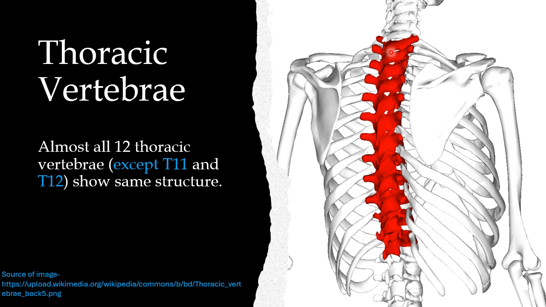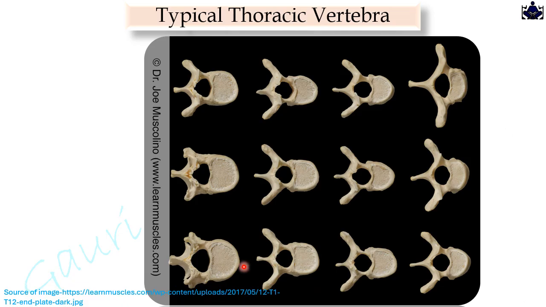So, let's study a typical thoracic vertebra. Here we can observe all 12 thoracic vertebrae: 1, 2, 3, 4, 5, 6, 7, 8, 9, 10, 11, 12.